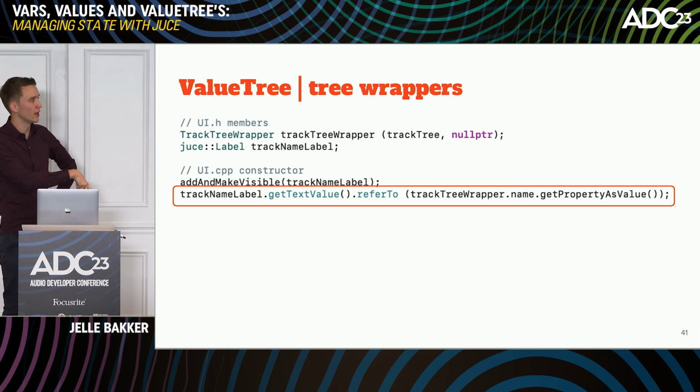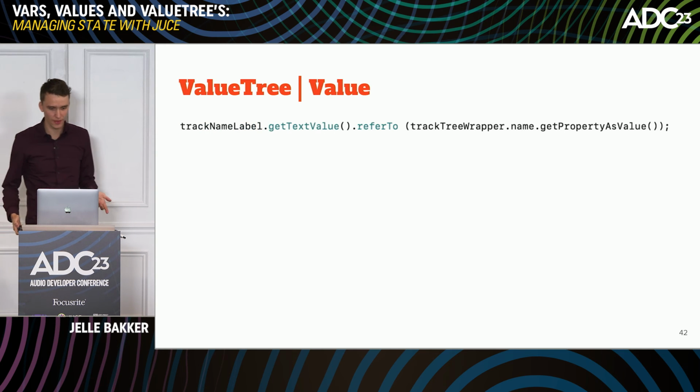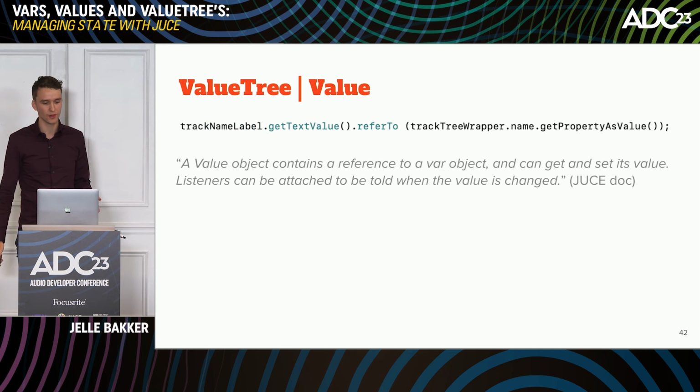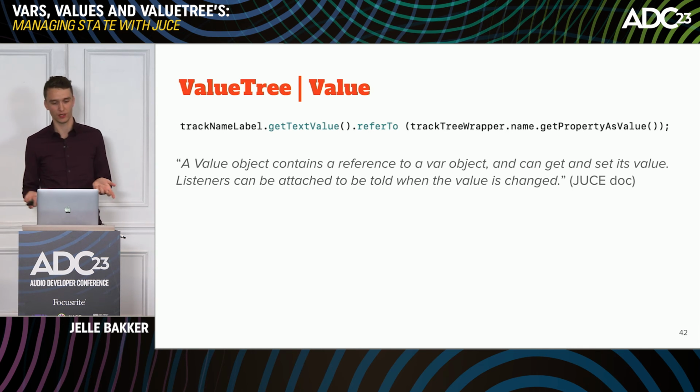So all this code goes away if you attach a JUCE component with the value tree using JUCE value. What's JUCE value? A value is an object that contains a reference to a var and can get and set its value, and listeners can be attached to be told when the value changes. So it's basically an observable var.